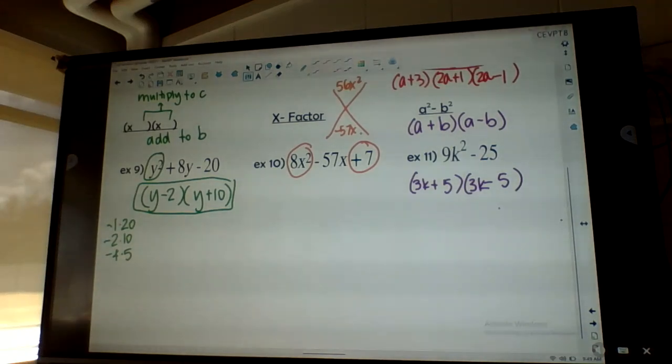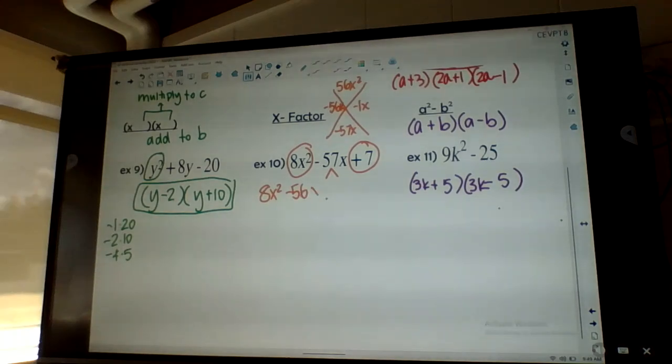This is one of the tough ones because I think this is an easy one to overlook or get confused because we're multiplying to get the top number, but adding to get the bottom. So 56 times 1 is a way to get 57. We want to get a negative, so they're both going to be negative. So we're going to use that to split this middle term up. Once we do that, then we're going to do grouping.